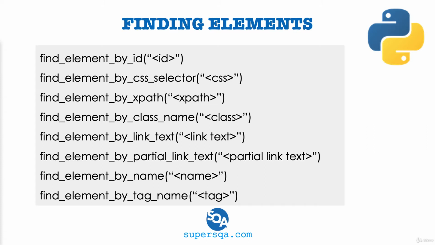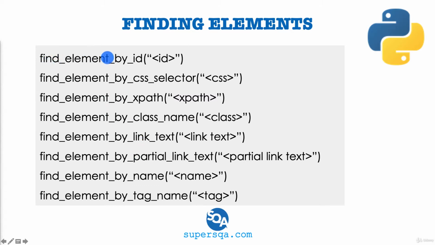And in the parentheses, if you say find element by ID, you're going to provide an ID. If you say find element by CSS Selector, you're going to provide a CSS Selector. We are going to spend a lot of time learning about CSS selectors, how to create your own selectors and such. It's a very powerful topic here. The same with XPath.